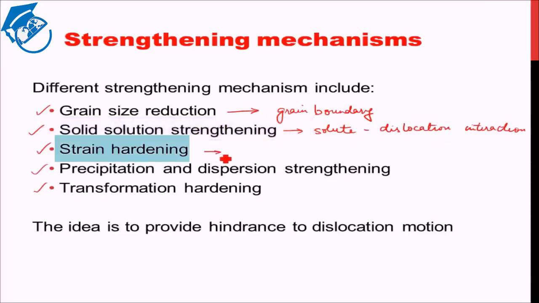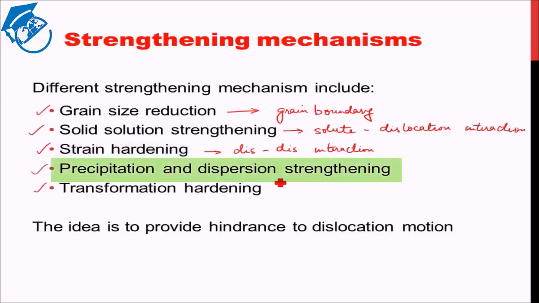Strain hardening is basically creation of a lot of dislocations, thereby there is dislocation interaction. And dislocation interaction leads to reduction in the movement of dislocation, or difficulty in the movement of dislocation.